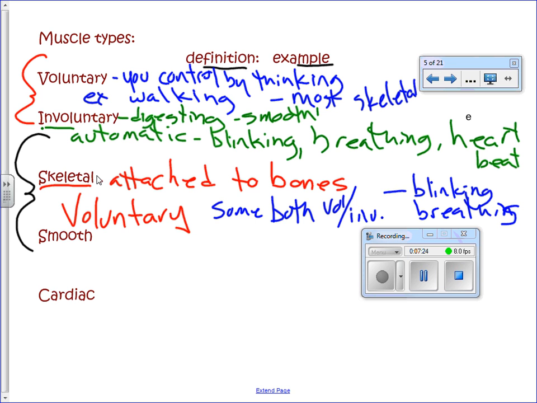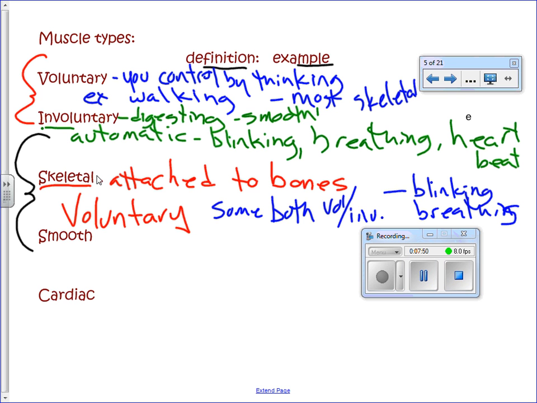When you eat barbecued ribs, that's what you're eating. Those contract automatically when you're constantly breathing, even when you're sleeping. But you can hold your breath. You can take a deep breath. So you have both kinds of control there. Can you think of any other skeletal muscles that are involuntary?